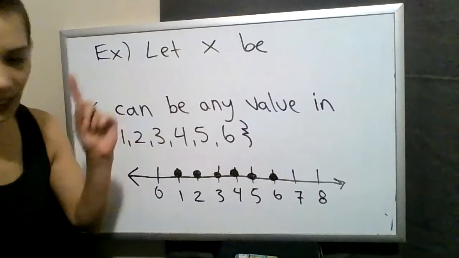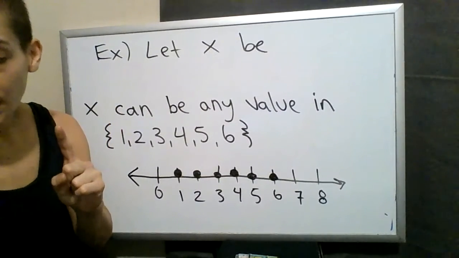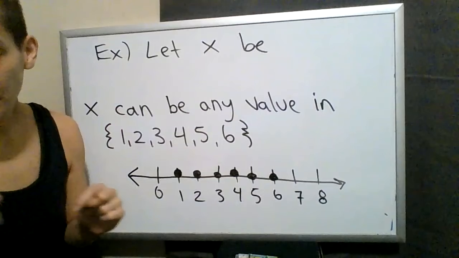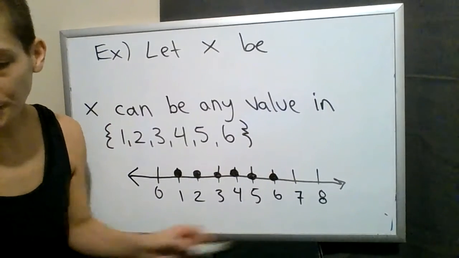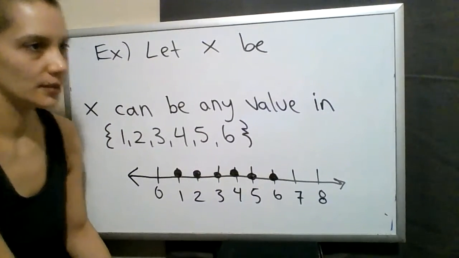Okay, and in the next example, I'm still using x for my variable. This one, x is going to be the number of computers that are available in a lab that has 4 computers.